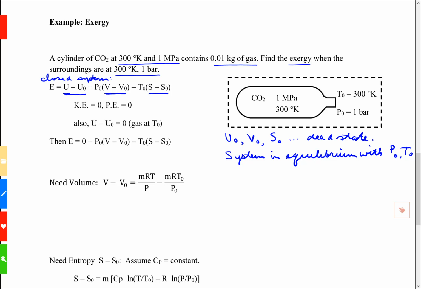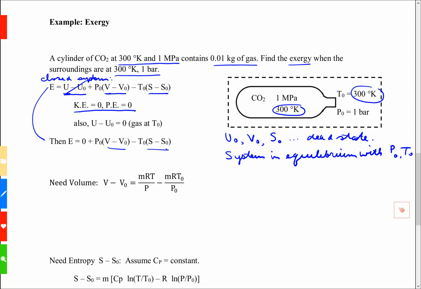Now in this particular case, it's gas sitting stationary in a tank, so there's no kinetic energy, and it's not moving, so the potential energy is 0. The tank temperature and the surrounding temperatures are the same, so the internal energy drops out. So we have left just the comparison between the volume and the entropy. So those are the quantities we need.